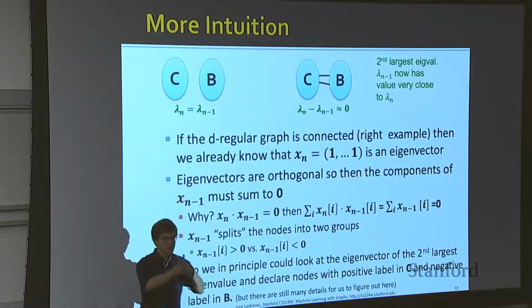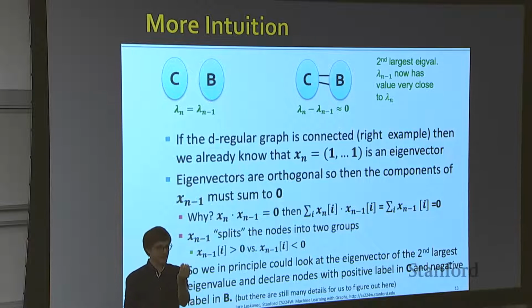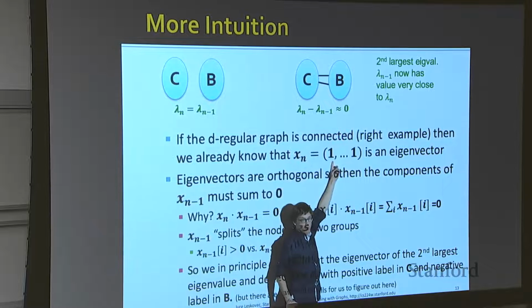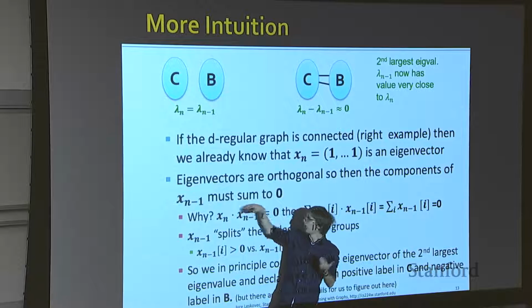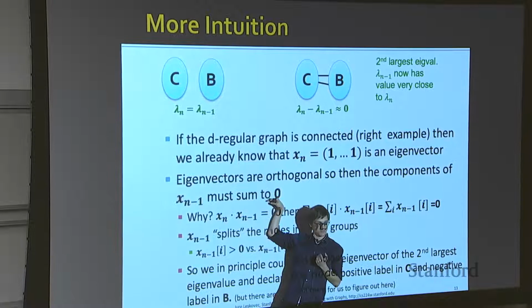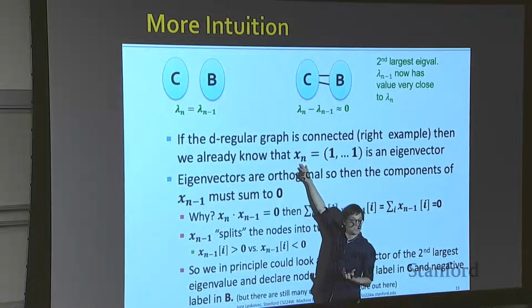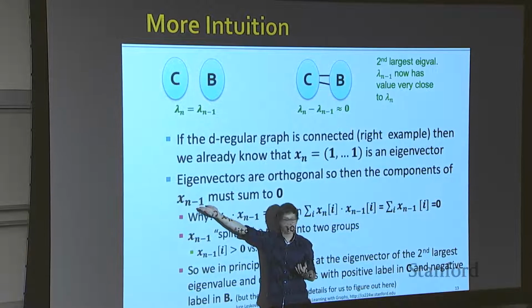Orthogonality means that if you take two vectors and do a dot product, the value is 0. So if this one has all ones, then the second eigenvector must be such that its components sum to 0, because this times that has to be 0.